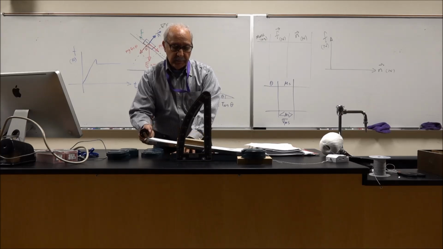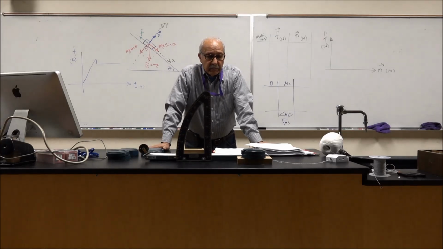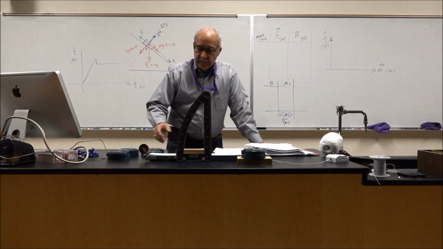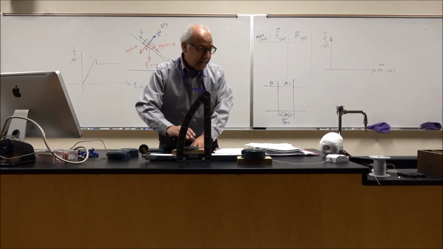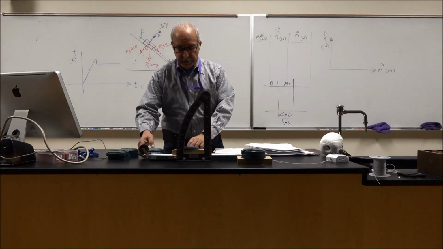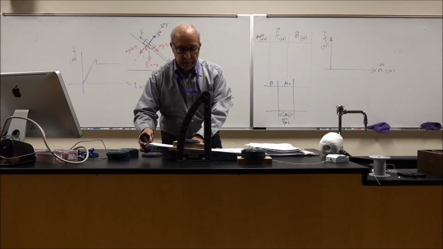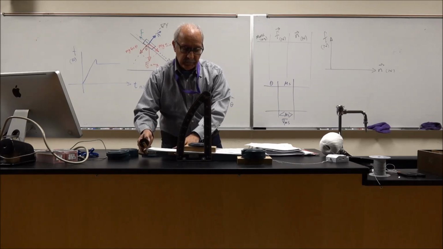In other words, at that point you have the friction between the block and the surface. By changing the mass, we can also repeat the experiment and find the angle theta at which the block starts moving.